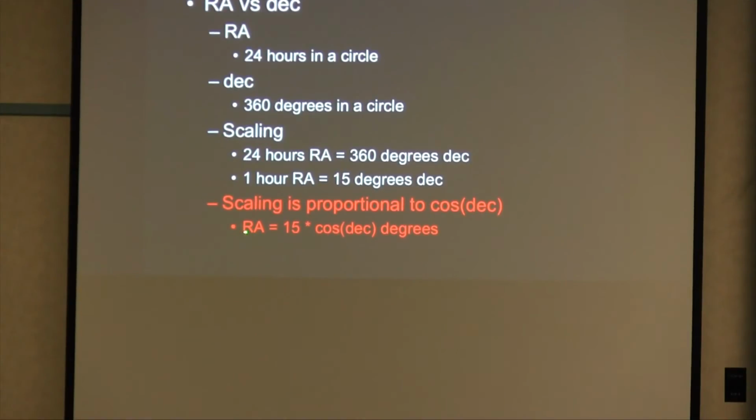The right ascension value is 15 times the cosine of the declination in degrees. Now you're telling me, well, wait a minute, it worked for the other plots. Why would it have worked for the other plots? Well, because I sort of set it up that way.